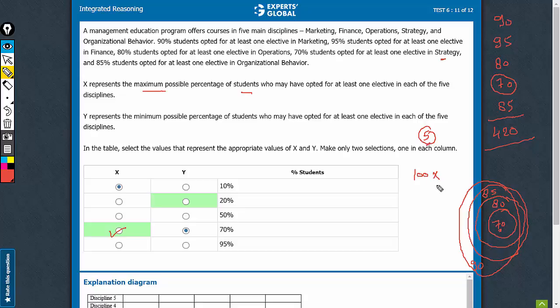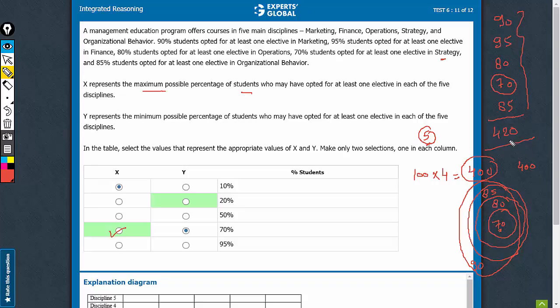So if I assume that every student opted for exactly four electives, then the maximum possible head count is 400. So 400 is the maximum value that can be reached without using the case of any student opting for five electives. But still this 400 is 20 shy of 420, the sum of these values.